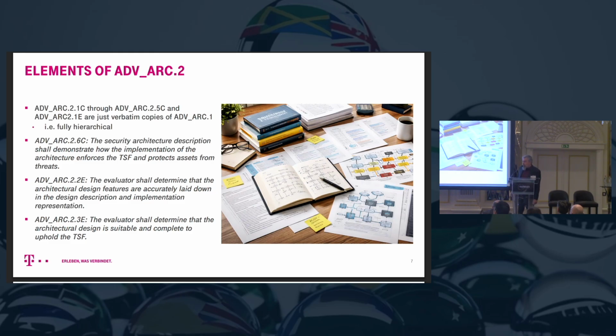So what I did, for various protection profiles and security targets that I edited recently, is I tried to formalize this for Common Criteria. There's ADV_ARC, which is the development aspect of the architecture.